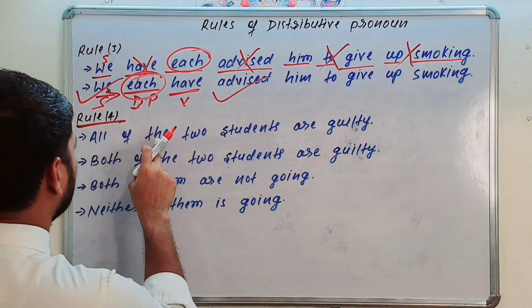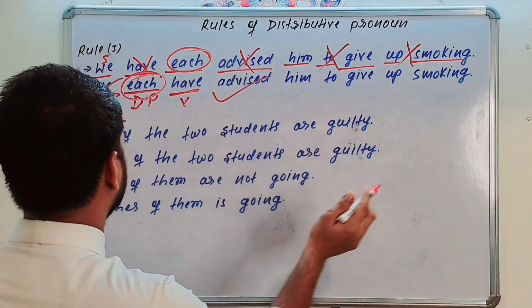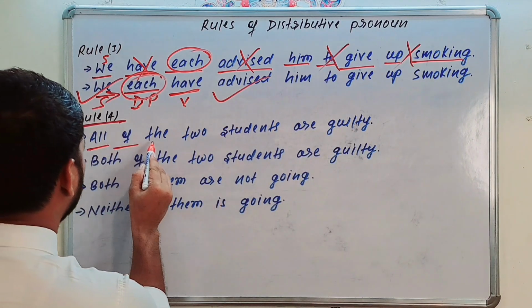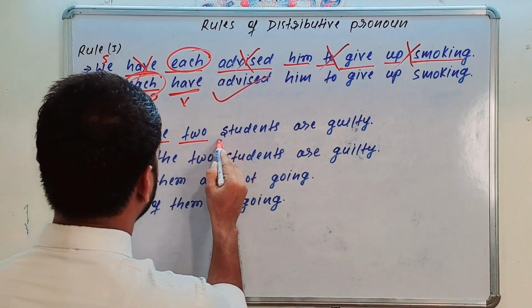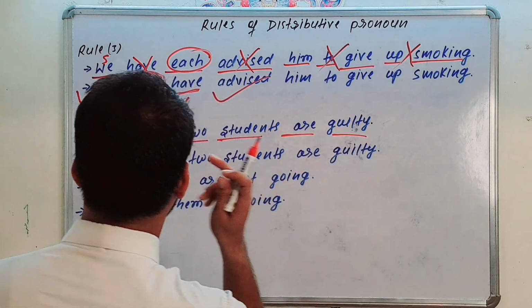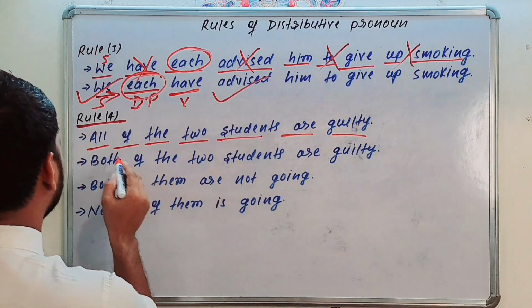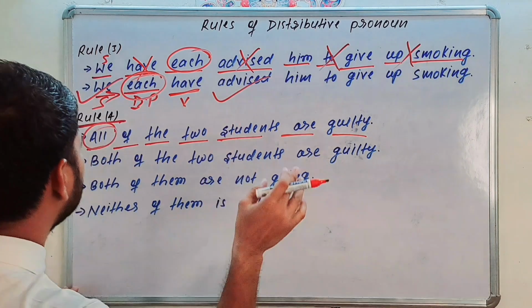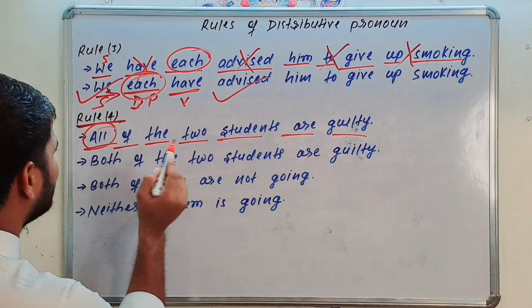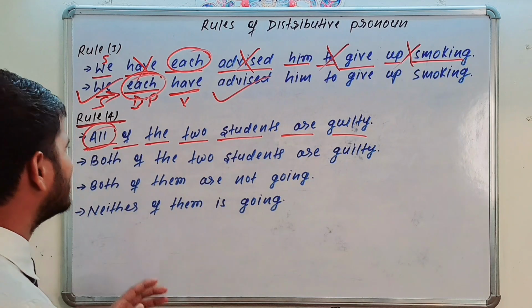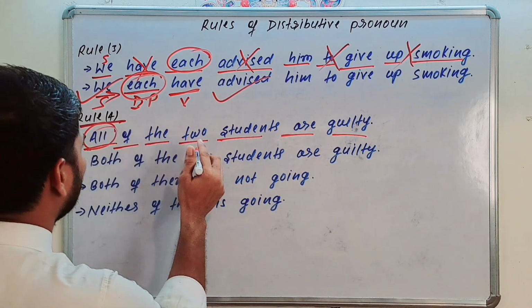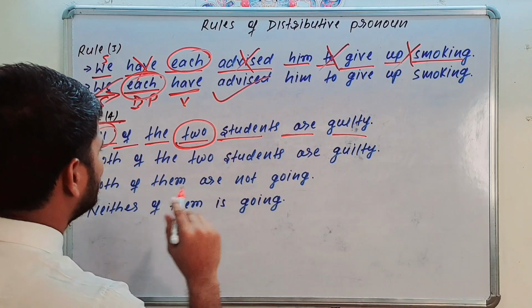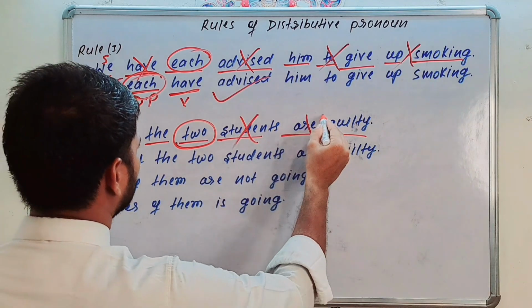All of the two students are guilty. Here, you know one thing: all of is a distributive pronoun, so if I am talking about all, then why have I used two? That's why the sentence is wrong.